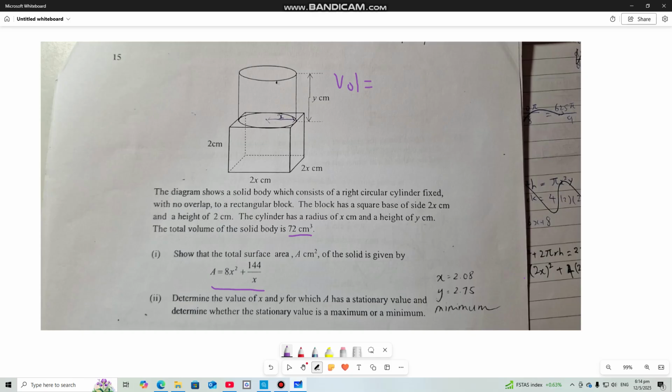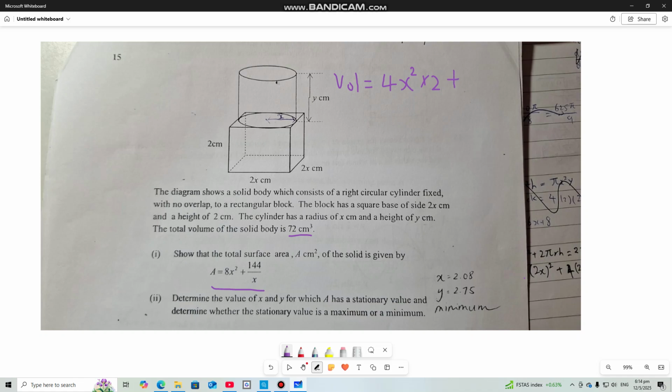Okay, so for instance right now you can see that we have got maybe a cuboid below. So the volume of the cuboid is just length times breadth times height, which is actually 4x squared times 2. Alright, and then of course we will add the volume of the cylinder. That will be base area times height.